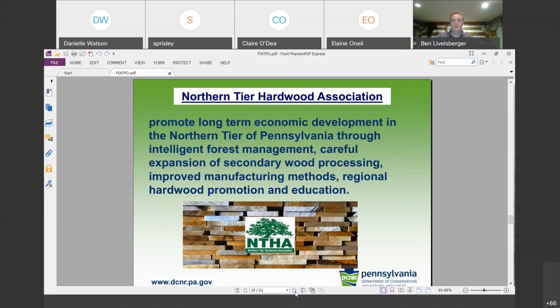This group focuses on some promotional work, and they go to different lumber expos and logging conferences, where they share the TPO information through pamphlets and things that they hand out.